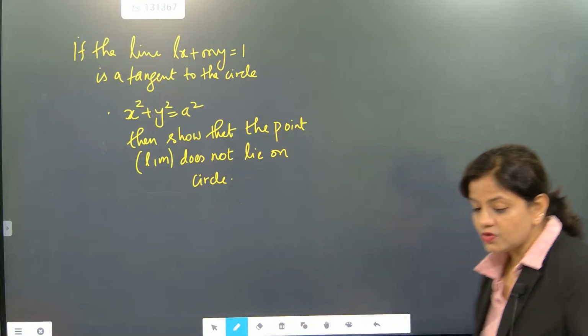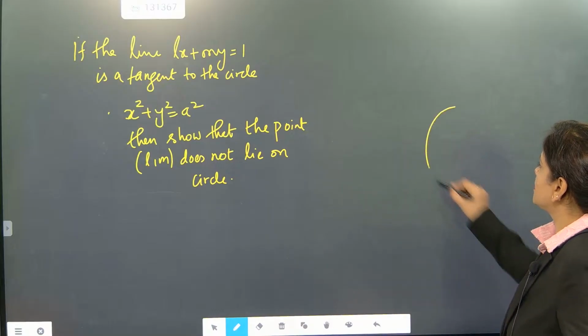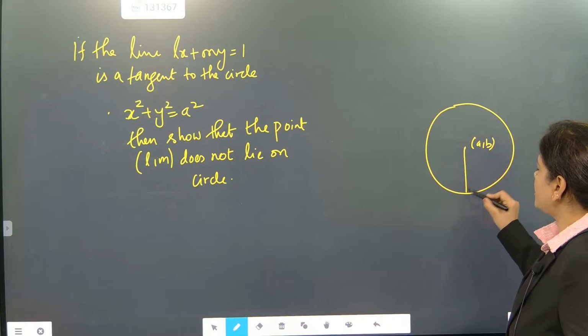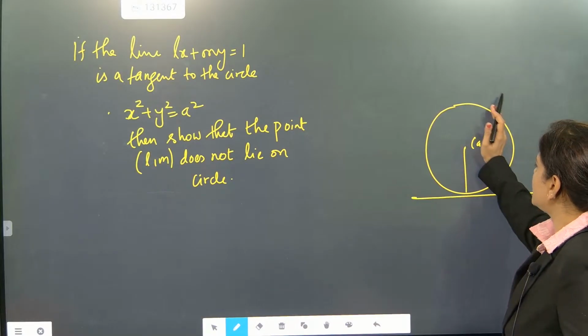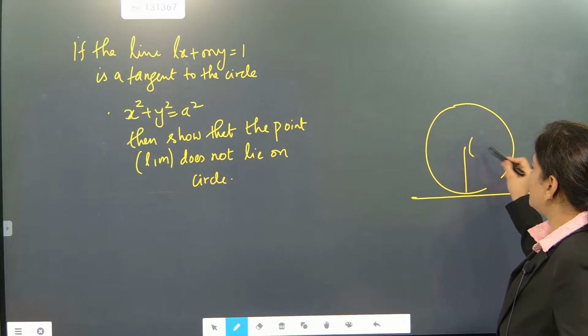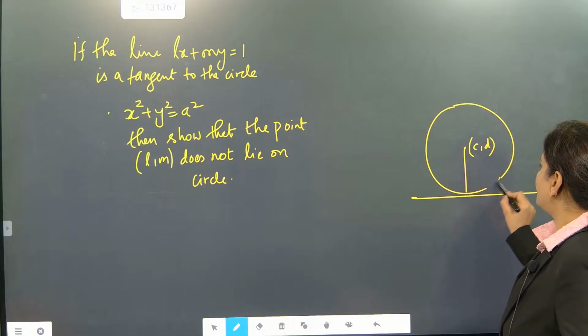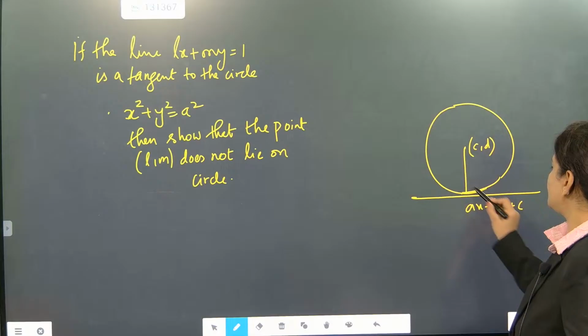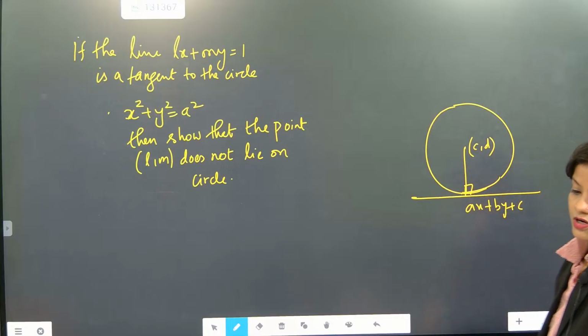First I will tell you the formula of perpendicular distance. If this is a center having the point (a, b), take any other point (c, d), and this is the circle and this is the tangent line, because the radius is always perpendicular to the tangent.